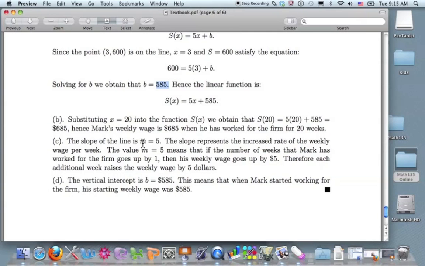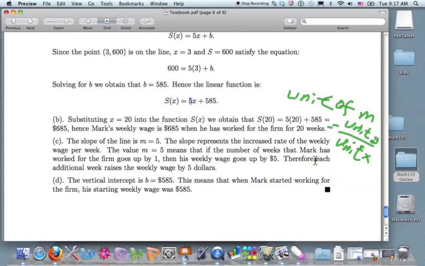Now let's focus on the slope. From this equation we see that the slope is 5. Now what is the unit of the slope? The unit of m is always the unit of y divided by the unit of x.